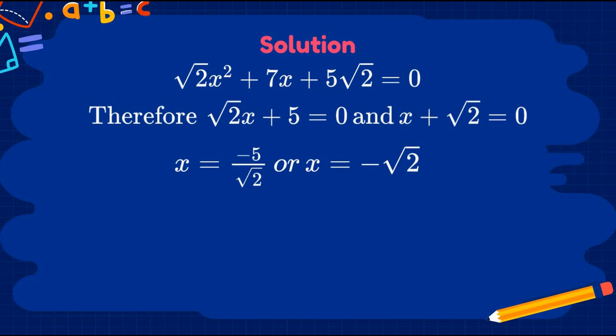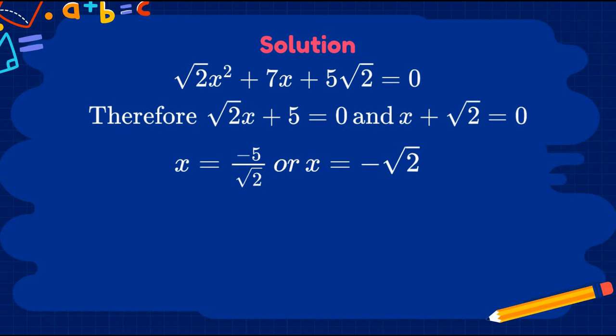Then if you take this 5 from the left hand side to the right hand side, it will become minus 5, and if we take this root 2 from the left hand side to the right hand side, it will become division, and the first value of x would be minus 5 by root 2. We'll get another value of x, as we can have at most 2 zeros in a quadratic equation. In the second term, we have x plus root 2.